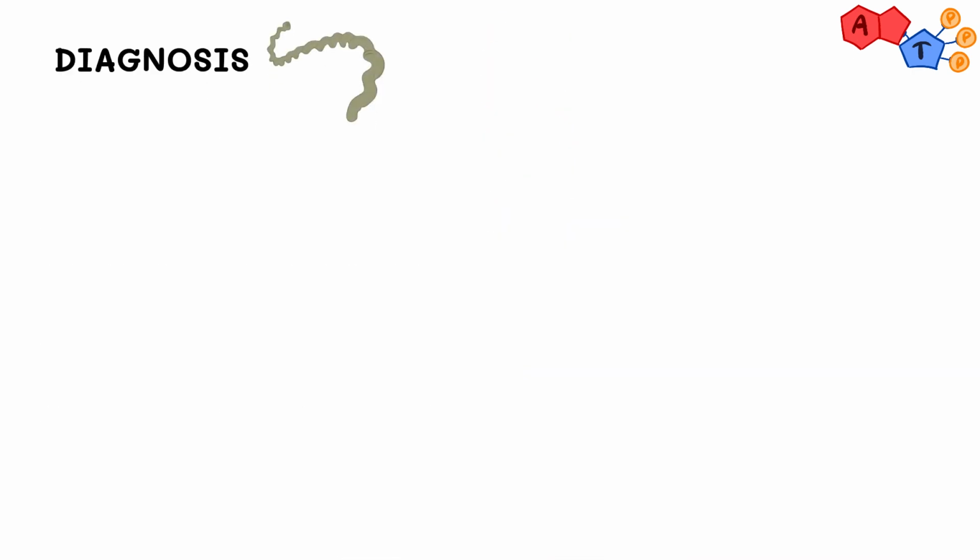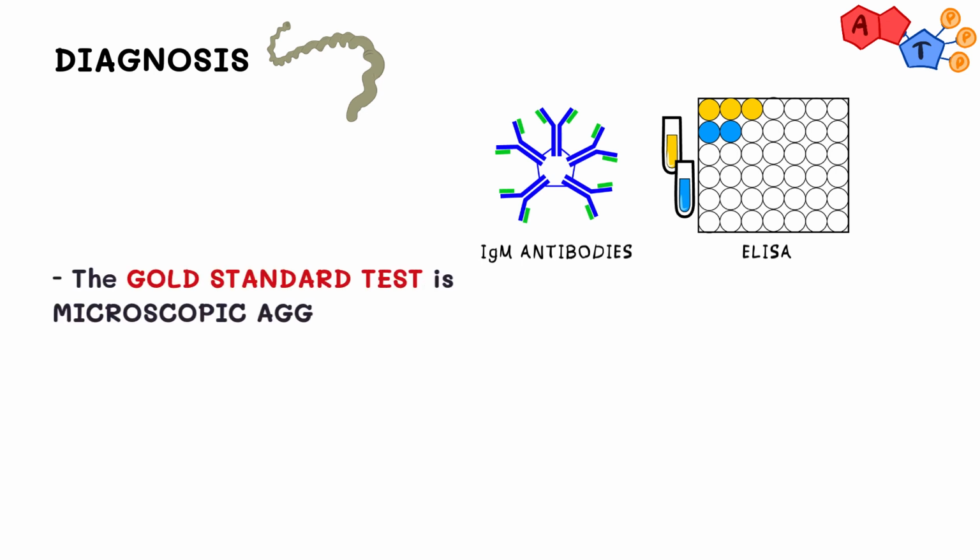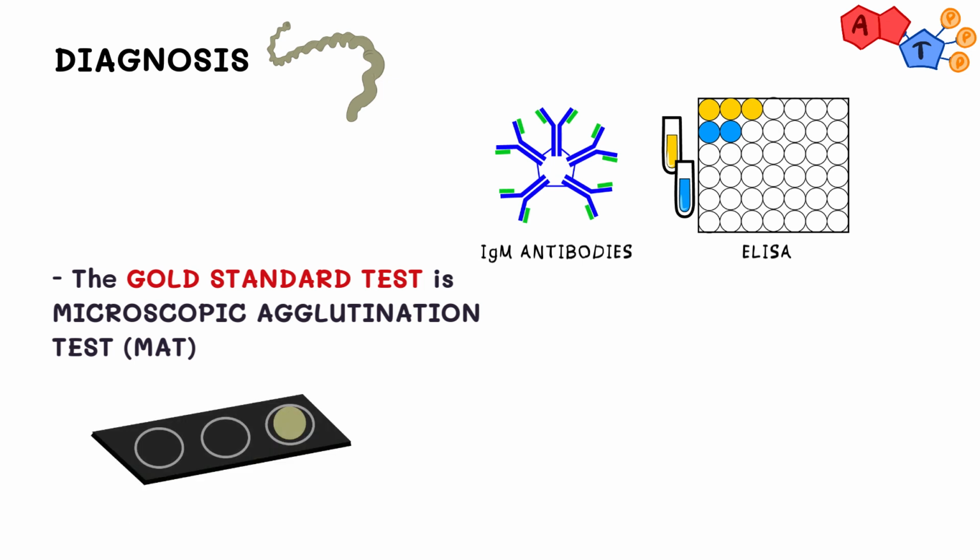To confirm the diagnosis, we can detect IgM antibodies using enzyme-linked immunosorbent assay, ELISA for short. However, this test is not highly specific for Leptospira and can give false positive results in the presence of other infections. Thus, the gold standard for diagnosis of Leptospira is microscopic agglutination test, MAT for short.